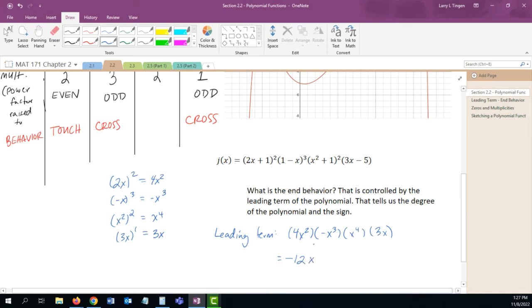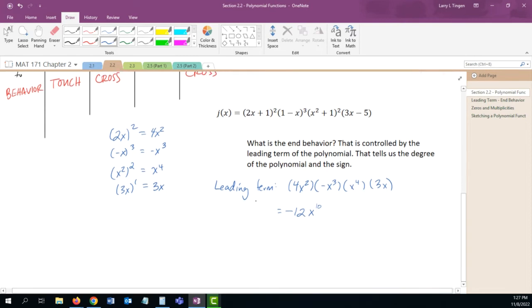For the degree of the polynomial, I'm multiplying with the same base, so I add the powers. 2 plus 3 is 5, plus 4 is 9, plus 1 is 10. All right, so I have a leading term of negative 12x to the 10th.